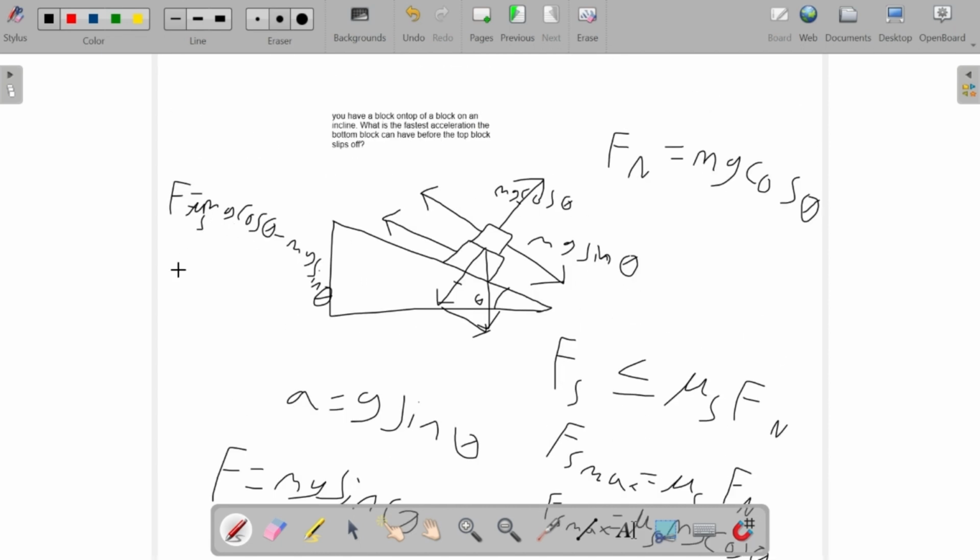And therefore its maximum acceleration, because F equals ma, is a equals mu s g cosine theta minus g sine theta. Okay, and that puts together both slipping and friction on an incline.